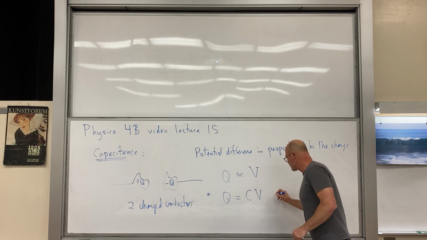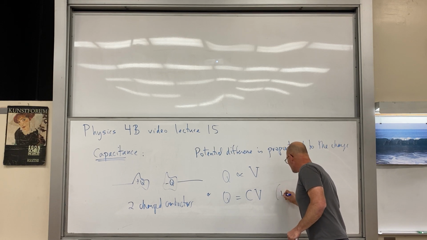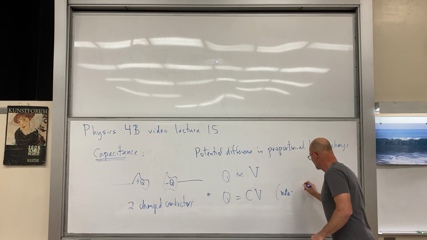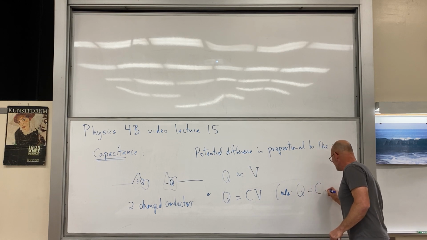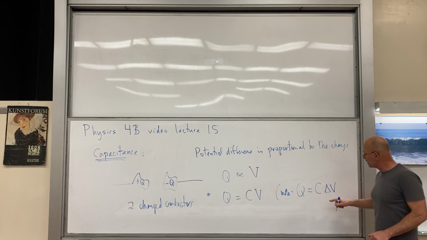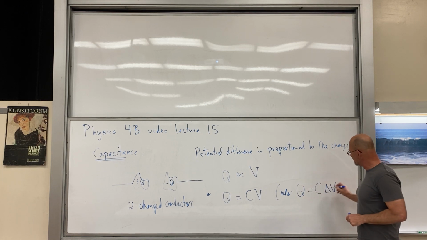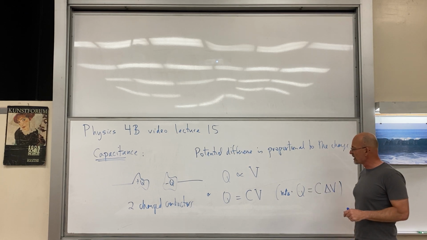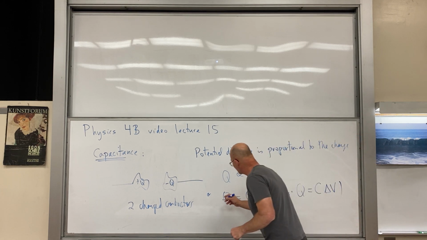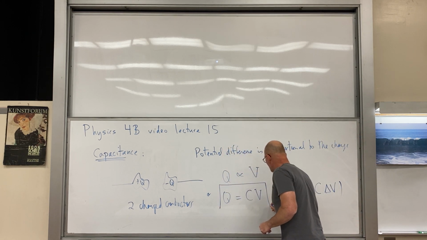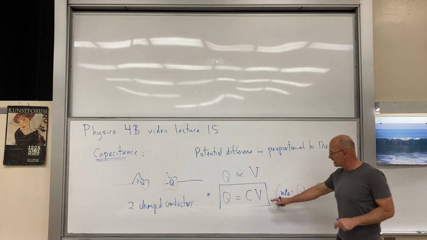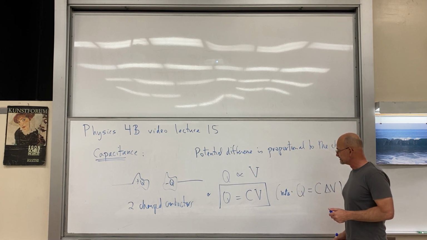I also often write, so I'll just put this as a note, Q equals C delta V. So I use the V and the delta V interchangeably depending upon the specific situation there. So let's go ahead and just take this. Right, V is also the symbol for volt as well as potential.